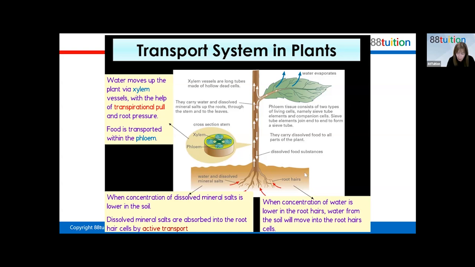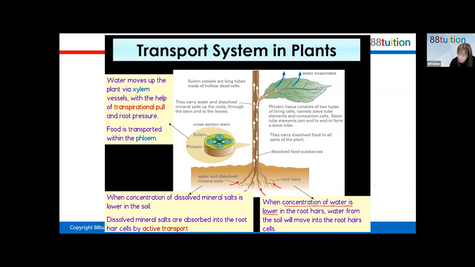Root pressure, what's the meaning? If we have a lot of water in the soil, then in the root hairs there will be lesser water. We talked about water potential last time, right? Water potential is the same as concentration of water. If water potential is low, that means there are fewer water molecules. So over here it says concentration of water is low.